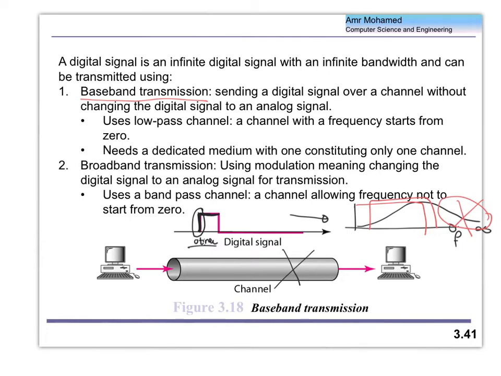So this is one piece of bad news that we have if we want to use baseband transmission, which means that we send the digital signal on any transmission medium as is, without any manipulation. In that case, you will end up with infinite frequency components of the digital signal, and the transmission medium is going to cut off all these high frequency components.